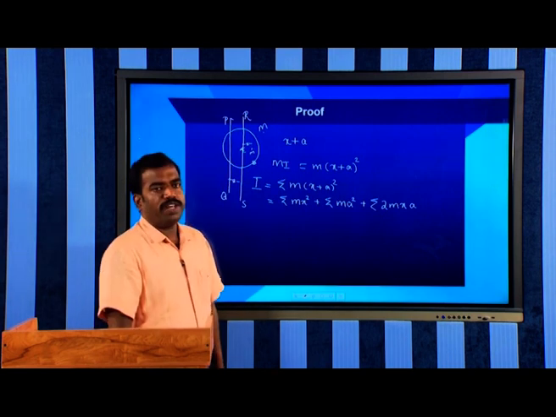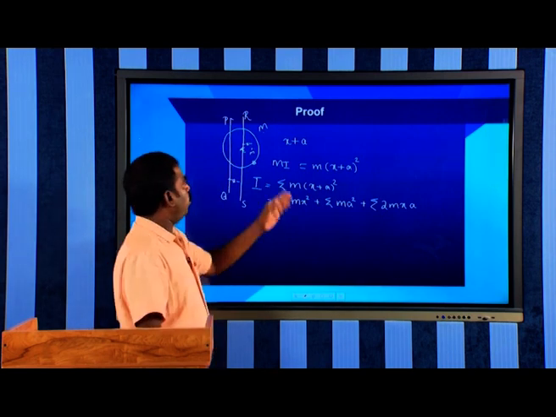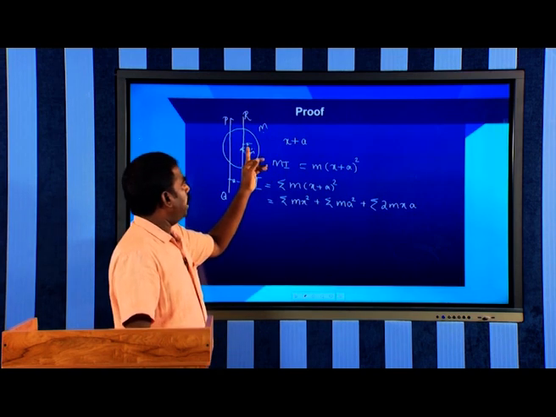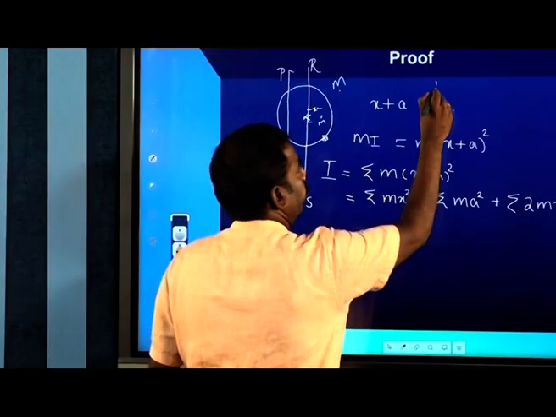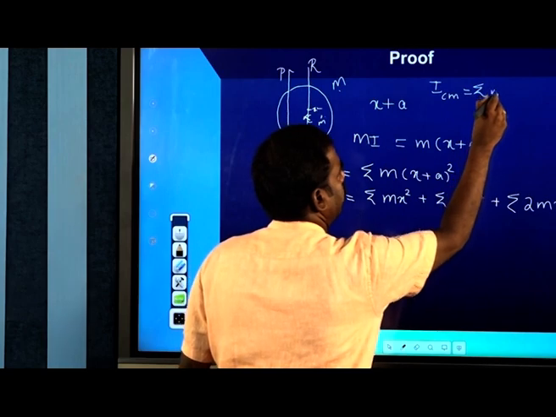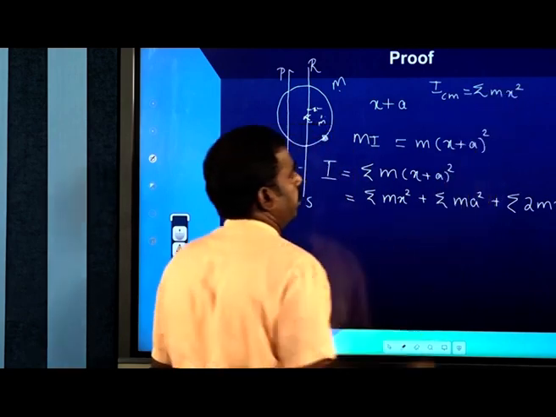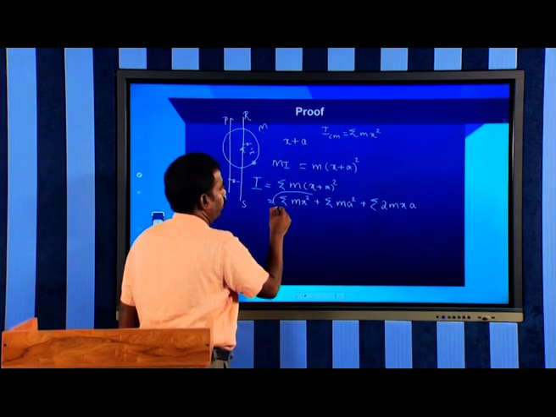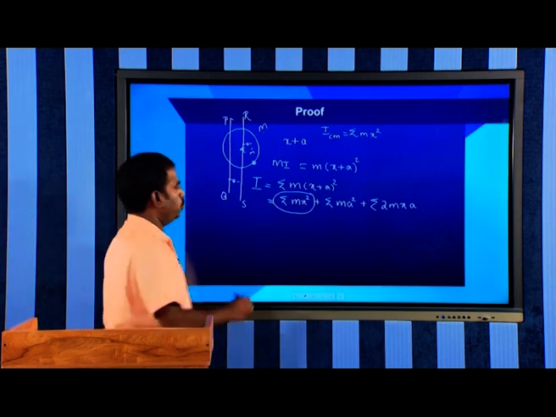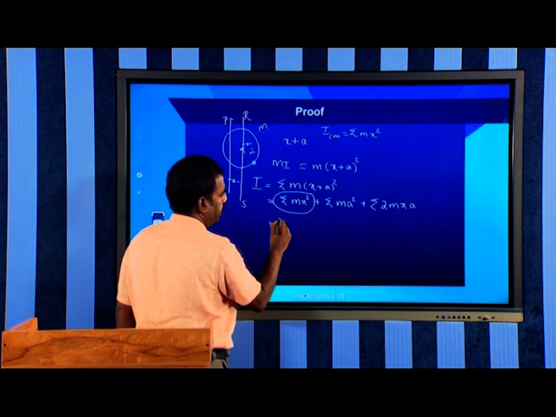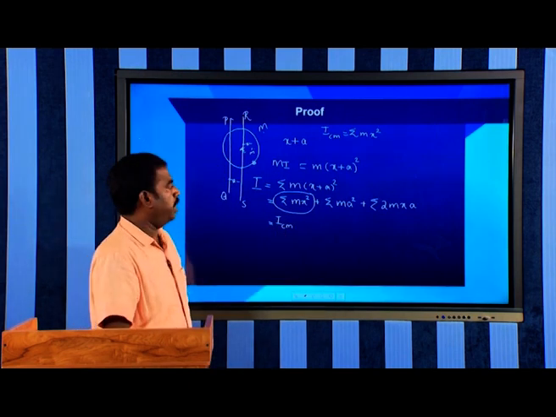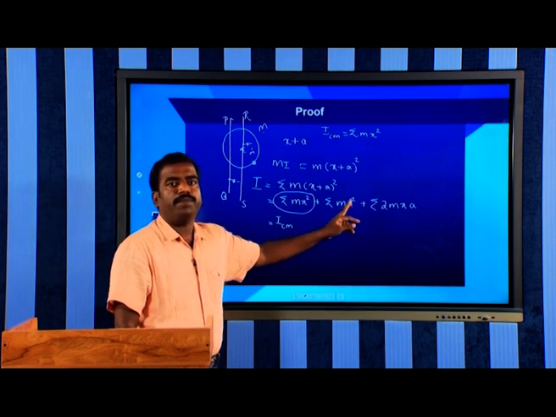And we know moment of inertia of the rigid body about the axis which passes through the center of mass is given by what? ICM equal to sigma m x square. So, this is nothing but the moment of inertia of the body about the center of mass, ICM, plus sigma m a square.